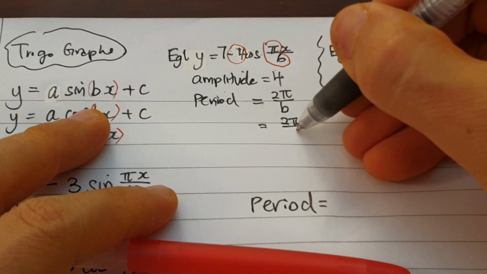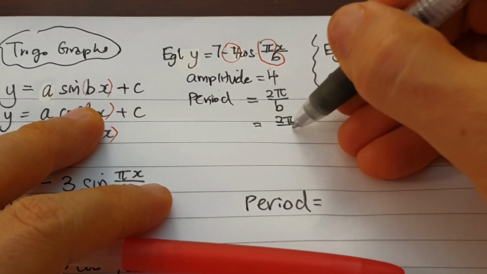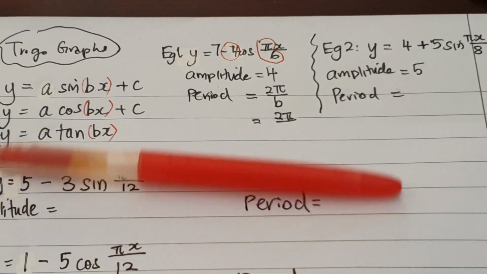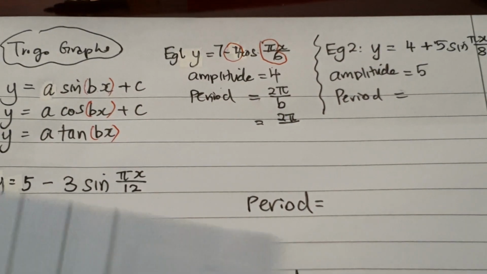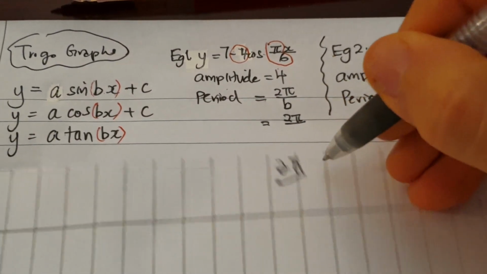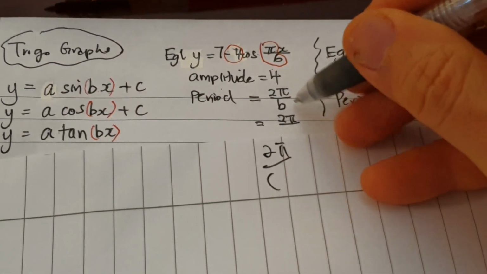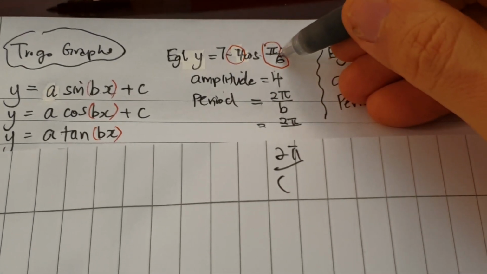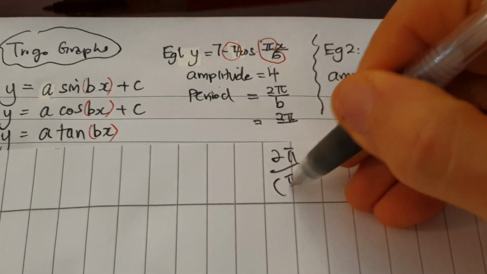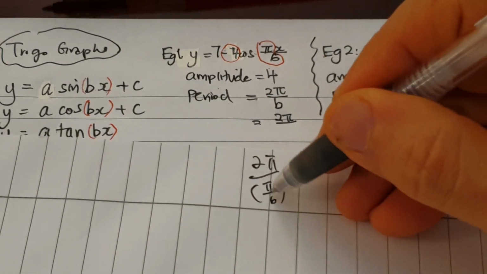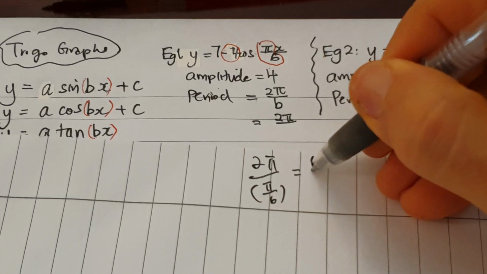But as I told you before, I don't like to write 2 pi over our b, which is pi over 6, right? I don't like to write this, because actually this means you flip, so it's 6 over pi.